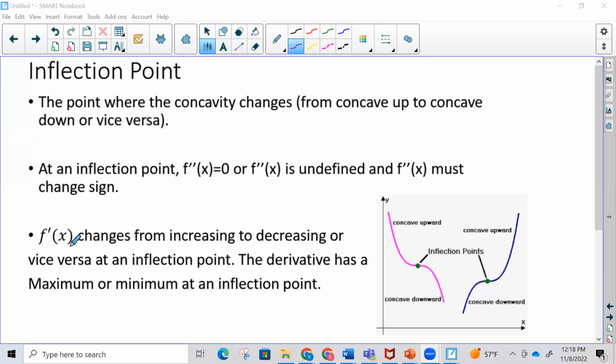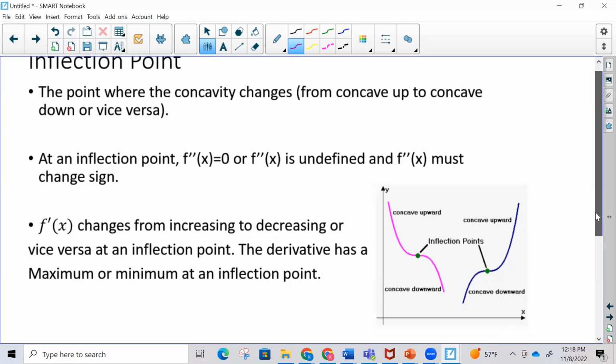So when we talk about the derivative, what's going to happen is that the derivative is going to change from increasing to decreasing, or vice versa at an inflection point, and the derivative will have a max or min at the inflection point.